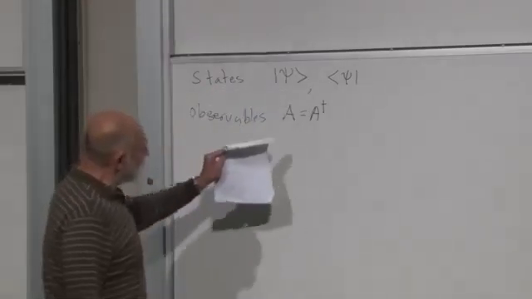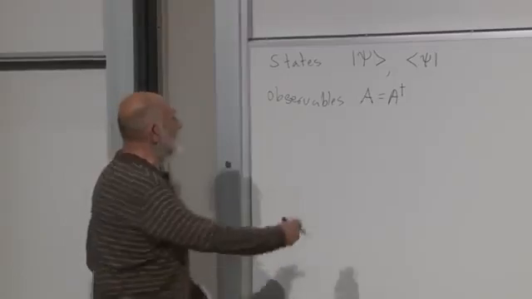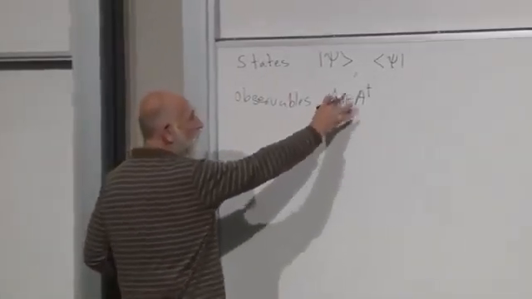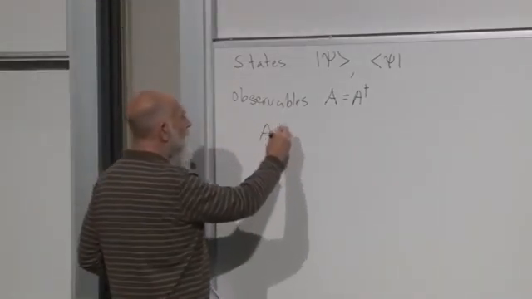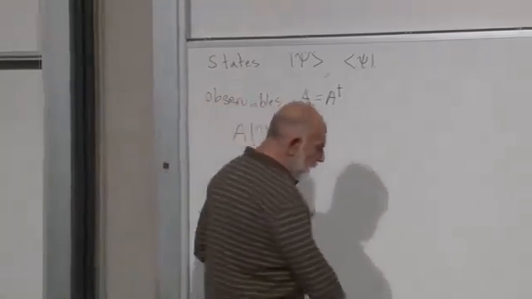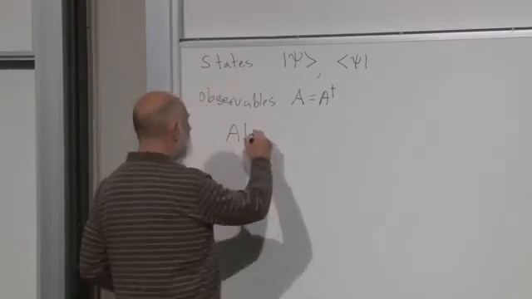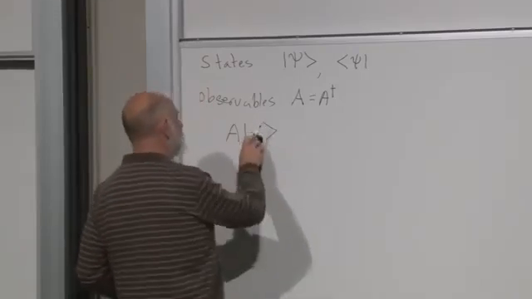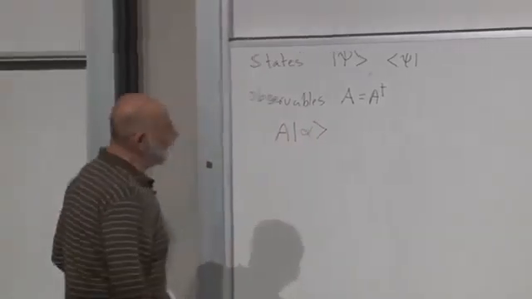The eigenvalues and eigenvectors of these Hermitian operators play a special role. So let me just remind you, what is an eigenvalue and an eigenvector? If you have a Hermitian operator, you can search for vectors. Let's label the vector, let's label it little a, or better yet, alpha, since we want to label it with a Greek index.